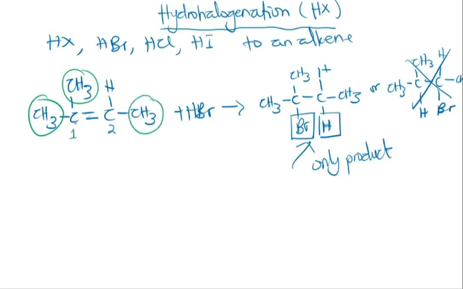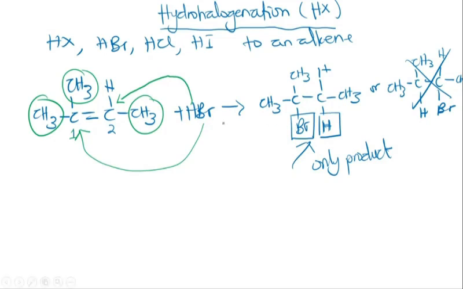In terms of the number of alkyl groups, carbon 1 has more, and hence it is more substituted. So when this reaction occurs, the bromine will be attached to the most substituted carbon, and the hydrogen will be attached to the less substituted carbon. If that happens, we can see that this is the only product that will be formed.